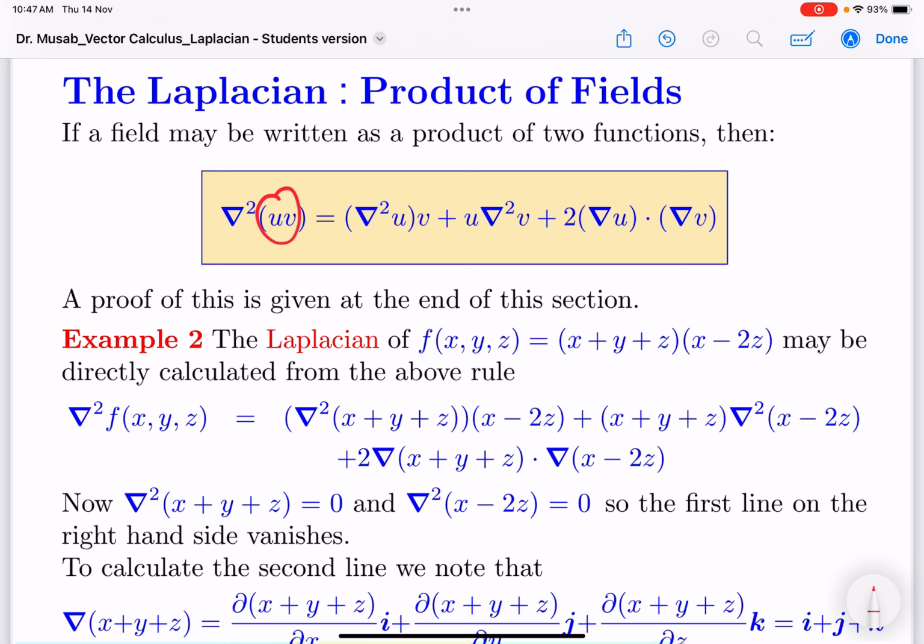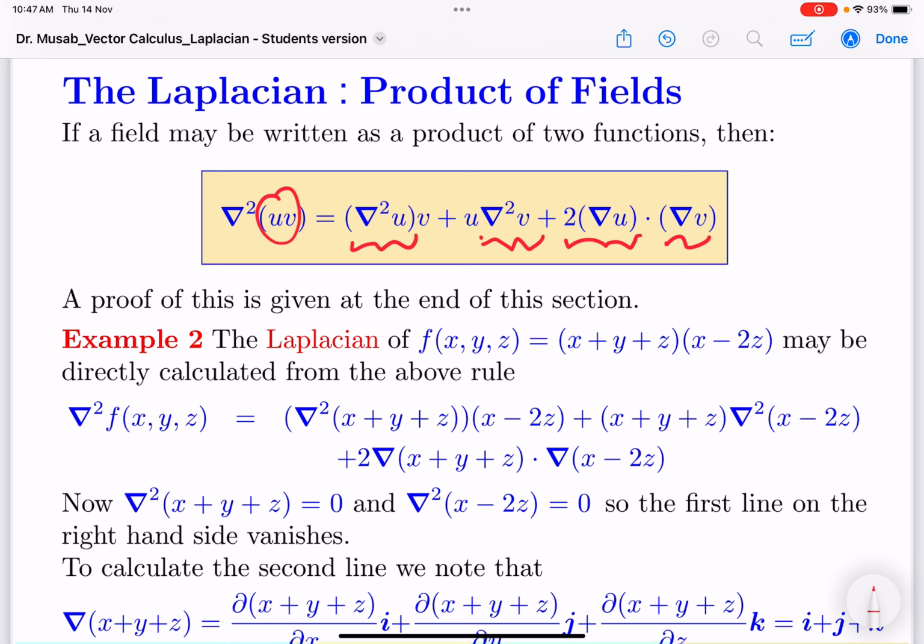What you need to do is alternate things. We need to get the first part of the Laplacian, then the second part of the component, and then the last part, which is the multiplication of both partial derivatives.